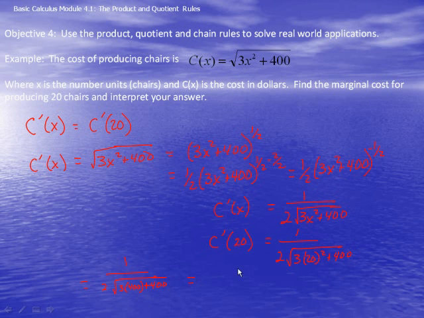And that would be equal to 1 over 2 times the square root of 1200 plus 400, which would be 1 over 2 times the square root of 1600, and 1600 is 40 squared, so that would be 1 over 2 times 40, which is 1 over 80. This gives us the marginal cost of c of x after you have made 20 chairs.